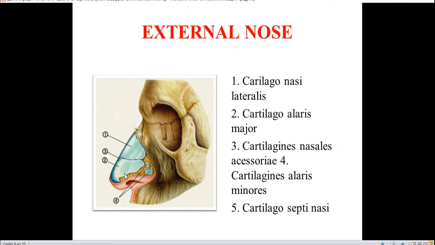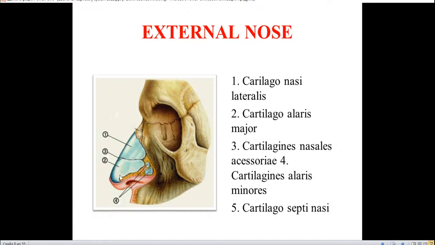The relief of the nose is changeable with age, because during life happens the enlargement of the volume of nasal cartilage and connective tissue between them.